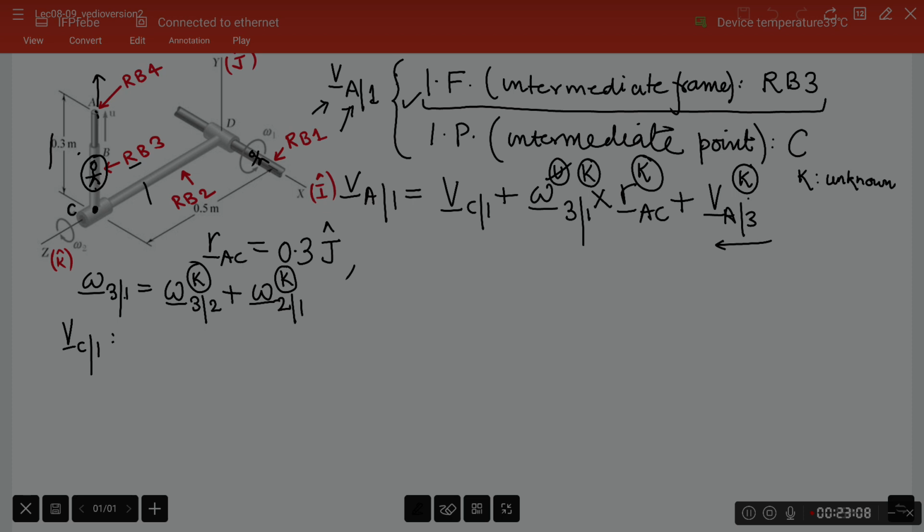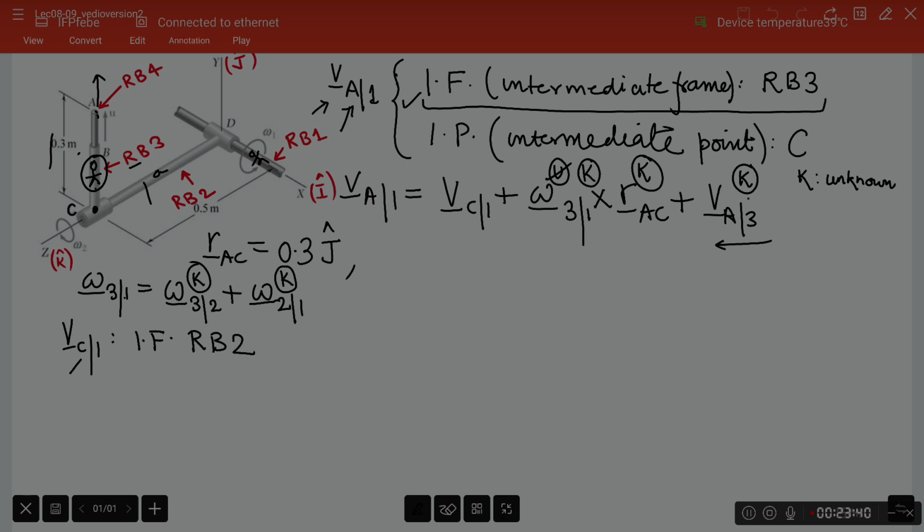My guideline about the choice of IF was, I repeat, IF should be a frame from where the motion of the point of interest, which in this case is point C, is known or is very straightforward to visualize. Based on this guideline, I choose the IF to be RB2.